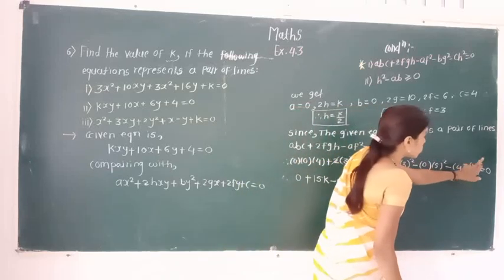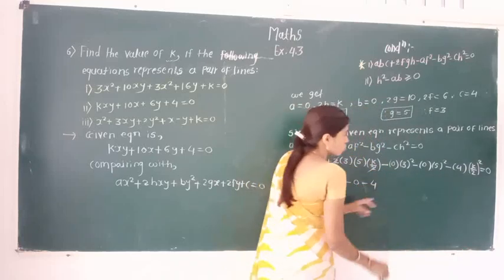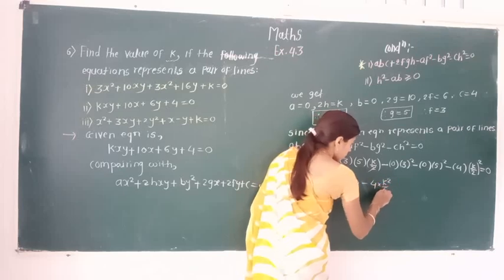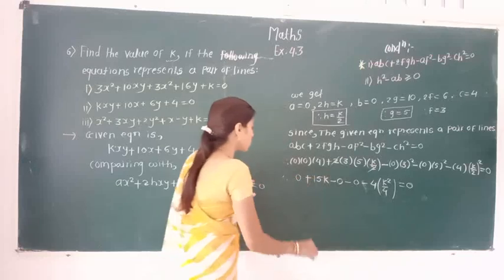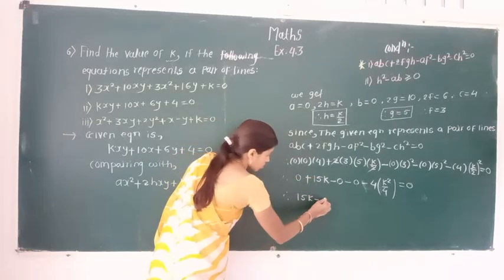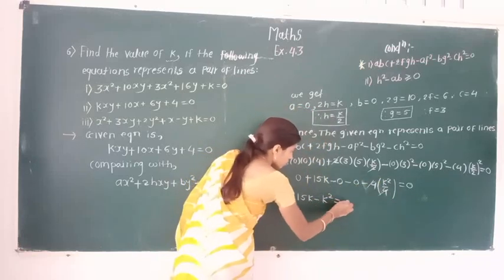Take the square of this term: take 4 as it is, and the square of k by 2 is k square divided by 4. Now again simplify this condition. We can write 15k minus 4 terms get cancelled, minus k square is equal to 0.